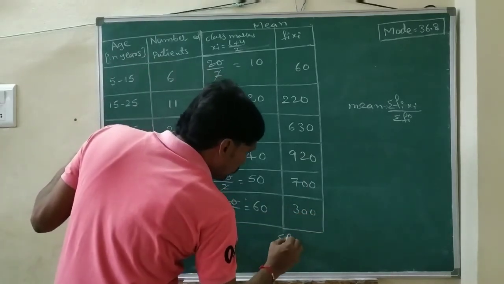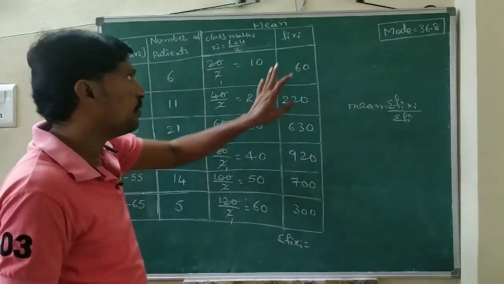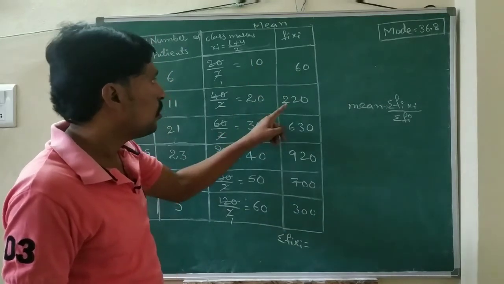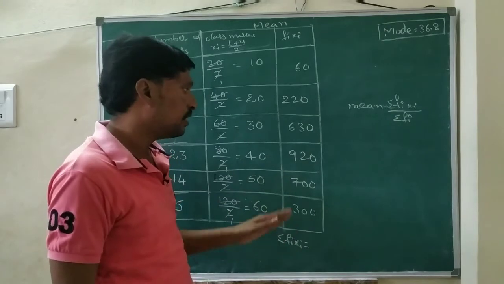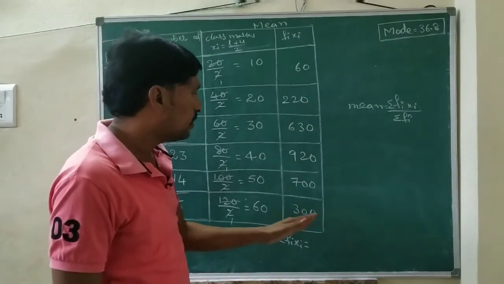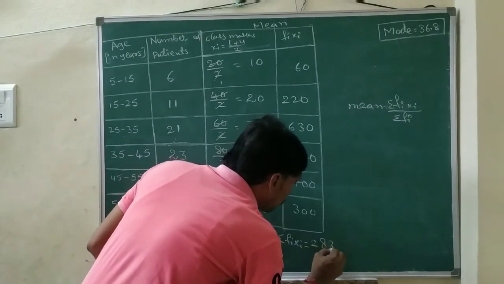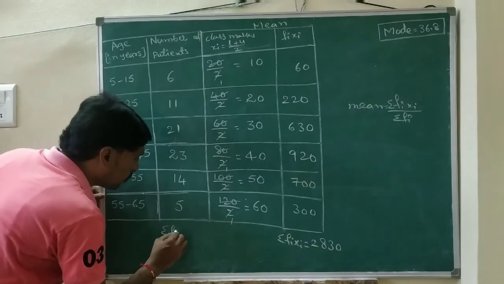Now we need to find sigma fi xi, which means adding all the fi xi values: 60 plus 220 plus 630 plus 920 plus 700 plus 300. Adding all of these, we get 2830. Now we can add the frequencies also.